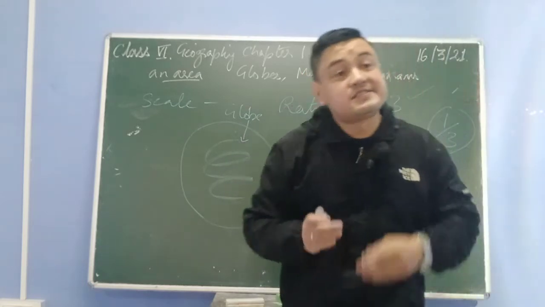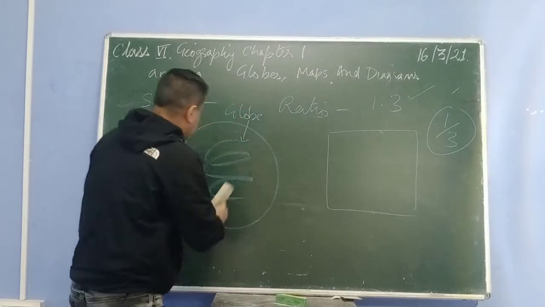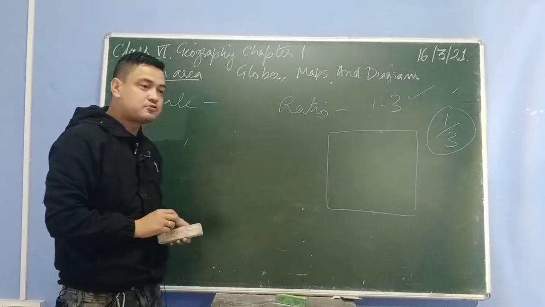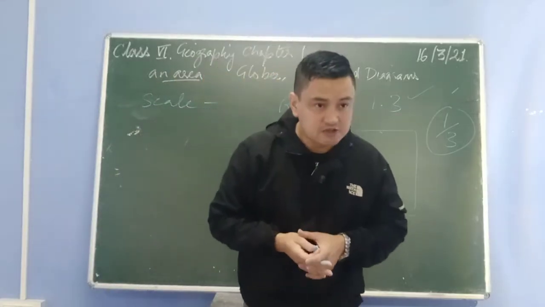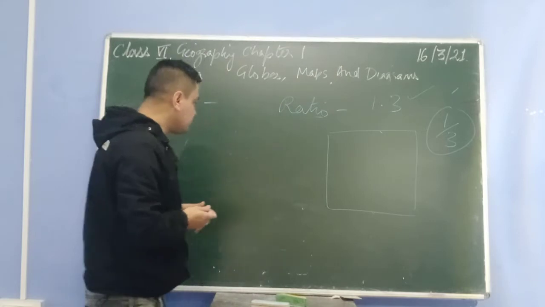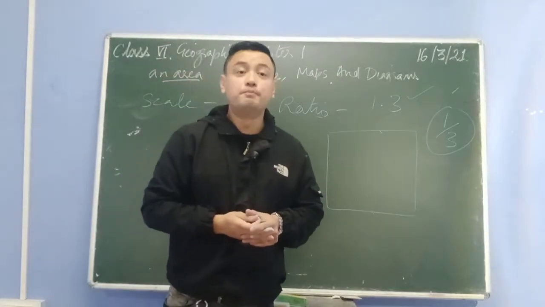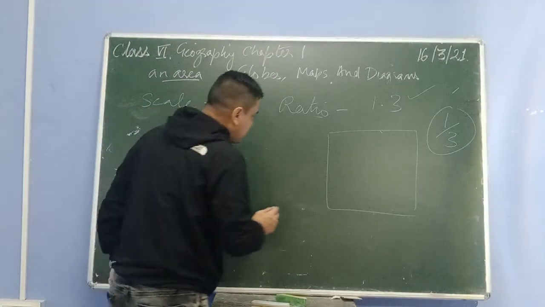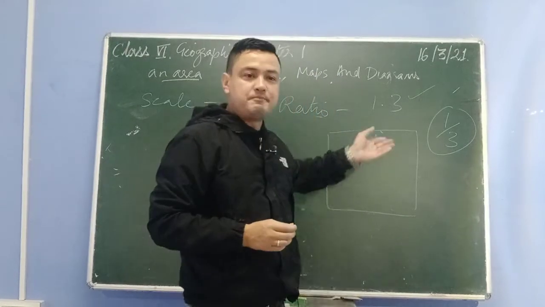So, what is a scale now? Last time I taught you scale. Last time I told you, a scale is the distance between 2 points. Remember that? Let's take for example, this is a map.